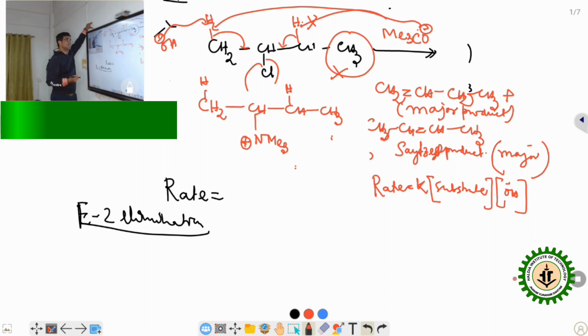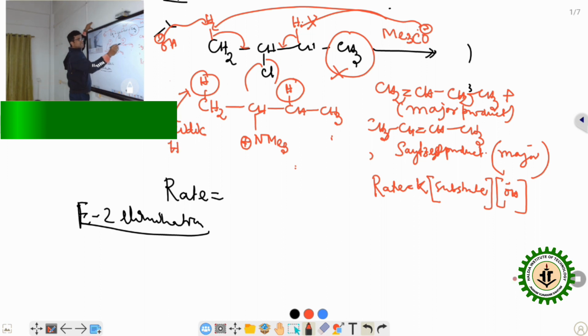That is, the acidity of the beta hydrogen. Now between these two beta hydrogens, this one is more acidic. Of course, the acidity of this hydrogen is decreased by the plus I effect of this methyl group, so this one is the more acidic hydrogen.